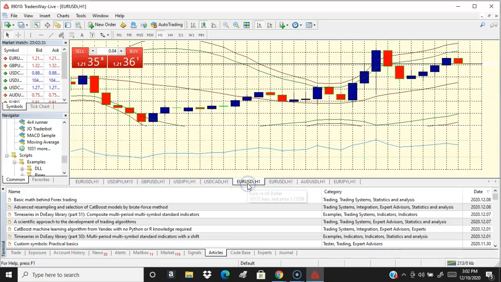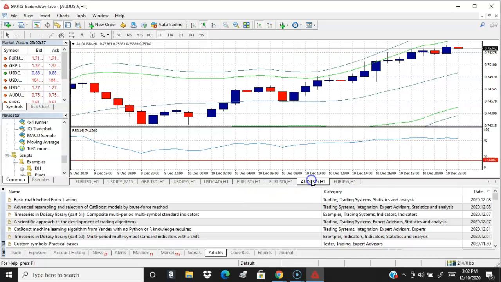Let me look on this chart and see if I can find one that's in the uptrend here. Alright, guys, let's see if we can find one that's in the uptrend. That's a hammer again.